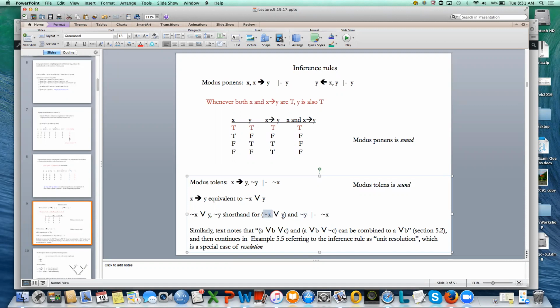If this or this is true and we know that this is actually false, then that's got to be true. Okay? And that's the basis for what the book calls unit resolution, and we're going to generalize that a bit and talk about resolution more generally as an alternative inference rule.